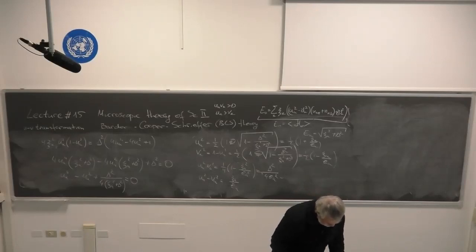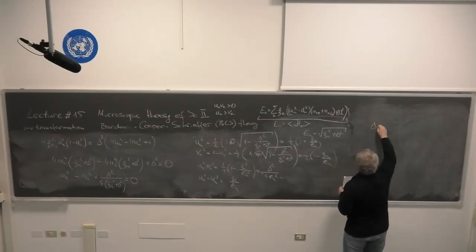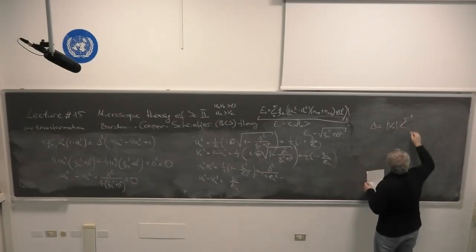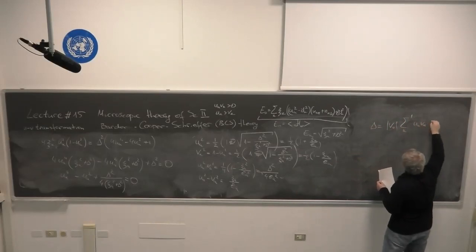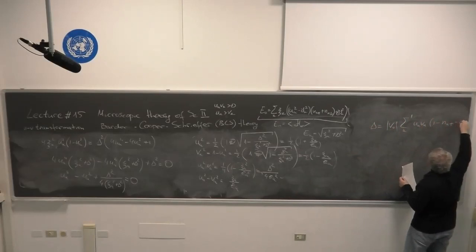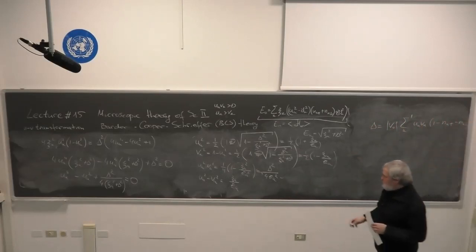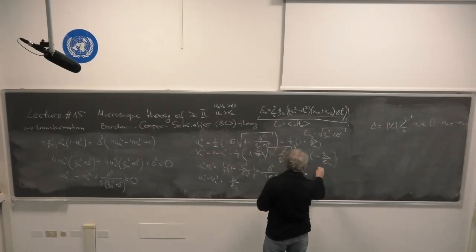I define the delta as the modulus of the sum prime over k of uk vk (1 minus nk up minus nk down). So uk vk, you remember that this is positive, is equal to delta divided by 2Ek.